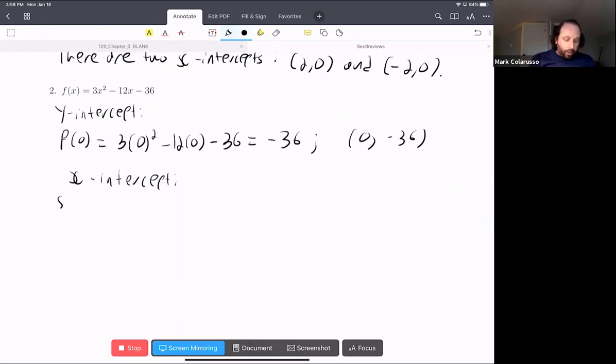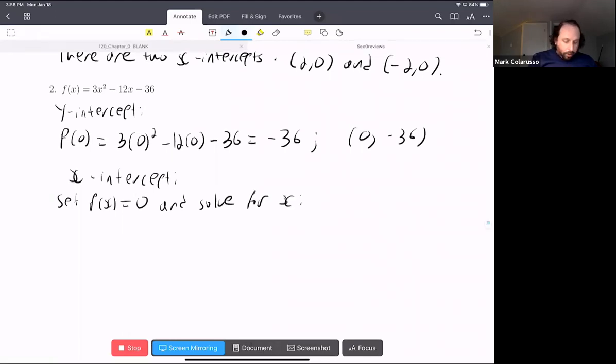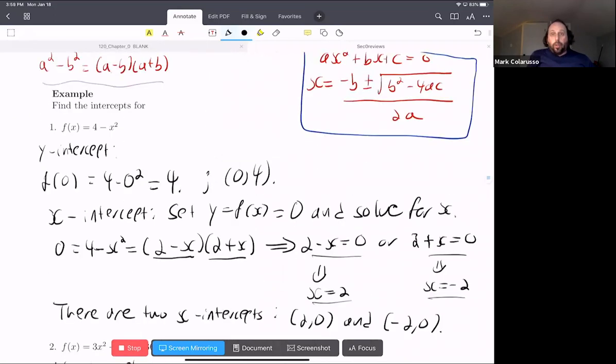And now for the x-intercept. Okay, so set f(x) equal to 0 and solve for x. So we get 0 equals 3x squared minus 12x minus 36. Now, you could say, okay, I can solve this using the quadratic formula.